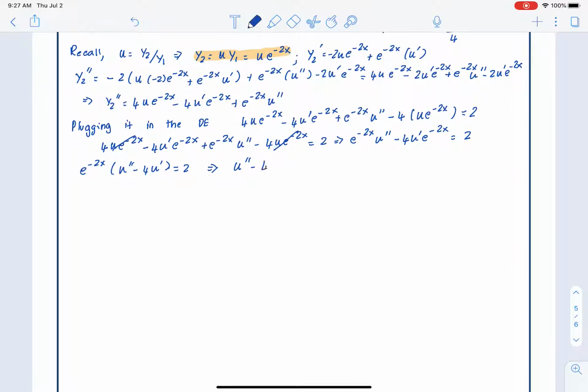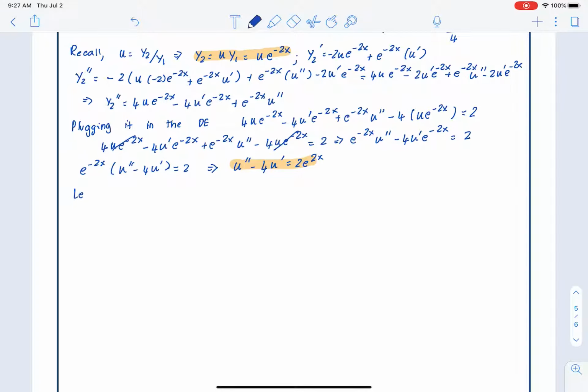We'll have u double prime minus 4u prime equals 2 e raised 2x. And you may think at this point, oh, we did all this work and we ended up with a second order equation with the non-homogeneous part, so what is the point of even doing this? Well, there is another step.